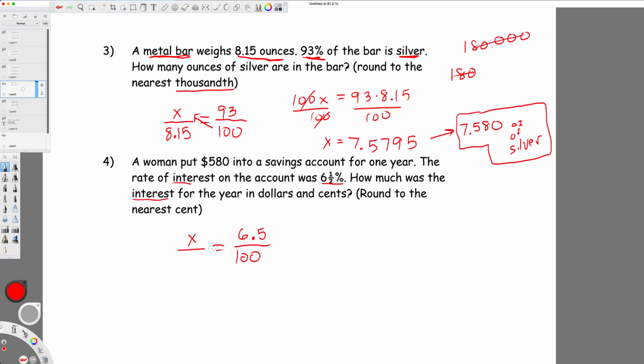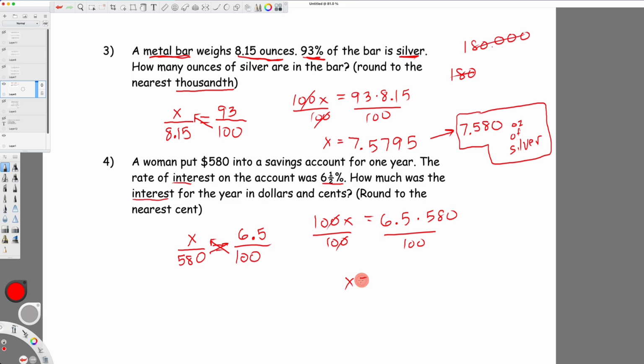It's the money that's put in the account that's earning that interest. So it is the whole amount before they add in that interest that you've earned. So now I'm going to cross multiply and divide, same as before. So 100x is equal to 6.5 times 580. And I'm going to divide by 100 because that's the coefficient of x.